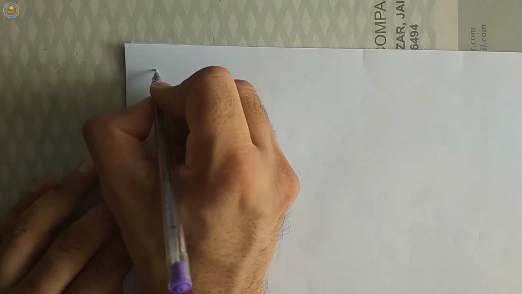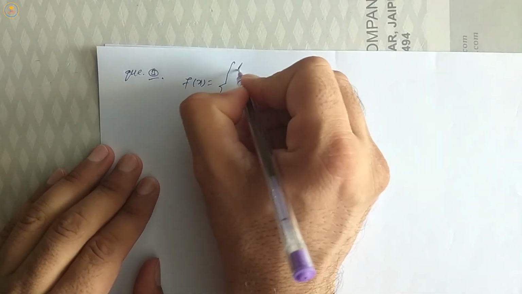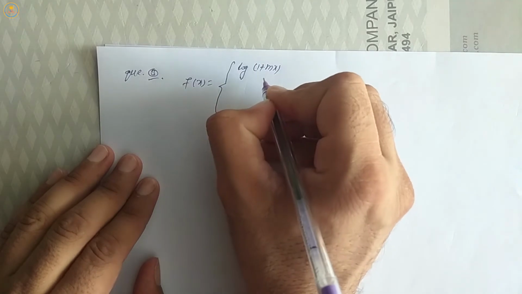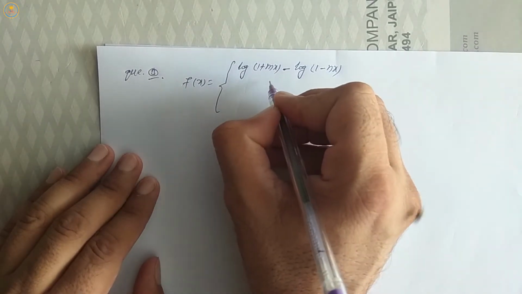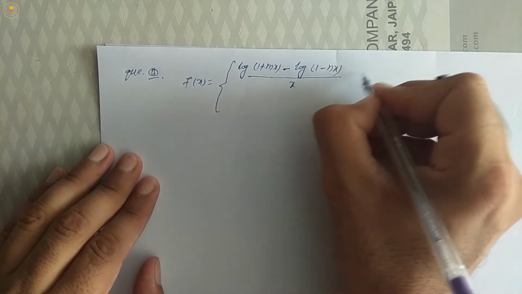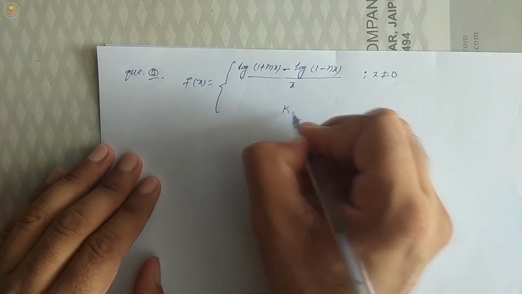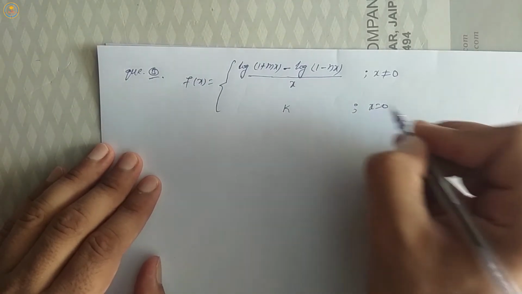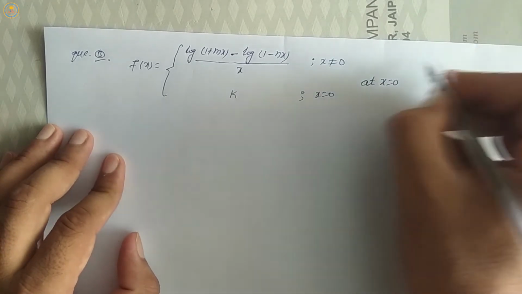Next question number 3. If f(x) = (log(1+mx) − log(1−mx))/x if x not equal 0, and k if x = 0, is continuous at x = 0, then the value of lambda will be.